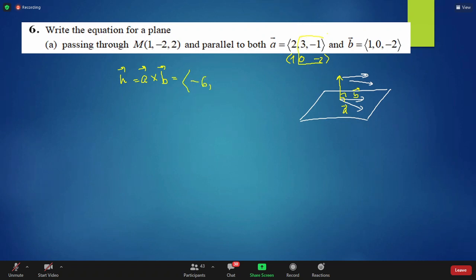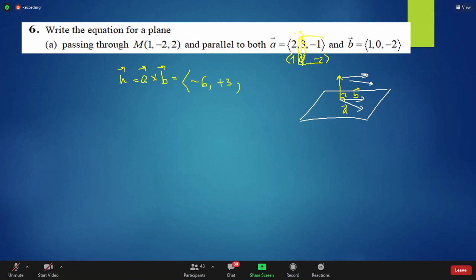For the second coordinate, we simply pretend that these second coordinates are not there and we use the remaining ones. Minus 4 plus 1 is minus 3, but remember that for the middle coordinate we had to change the sign for the vector product, plus 3.